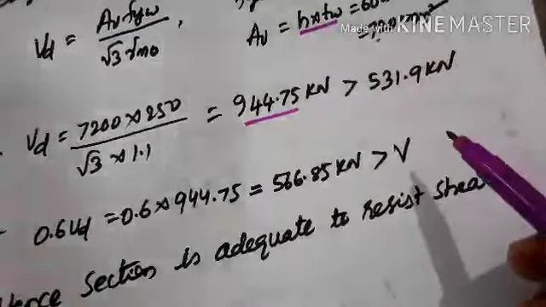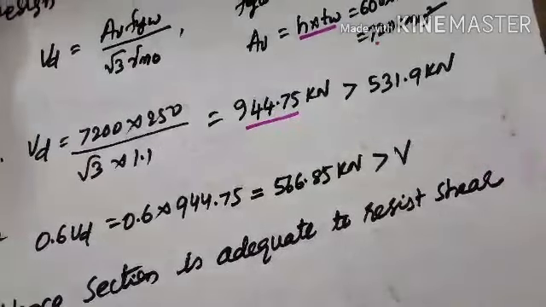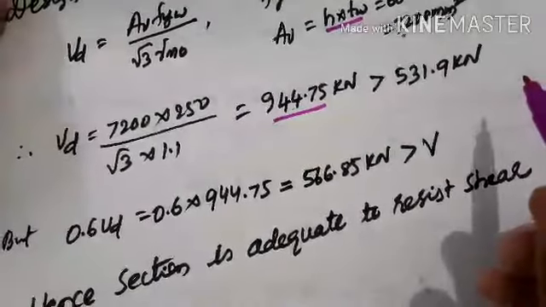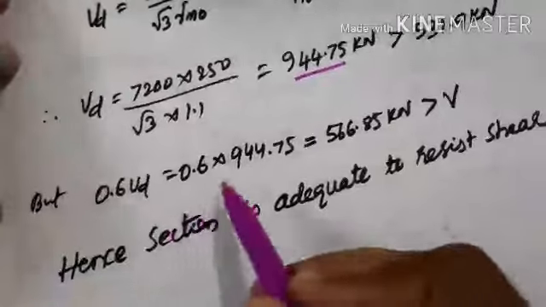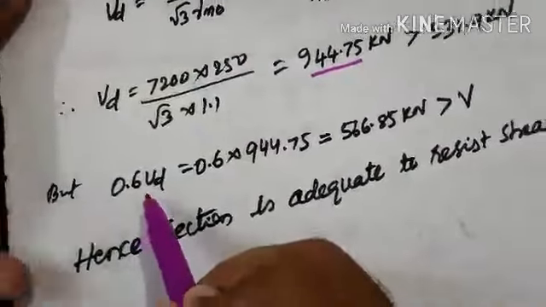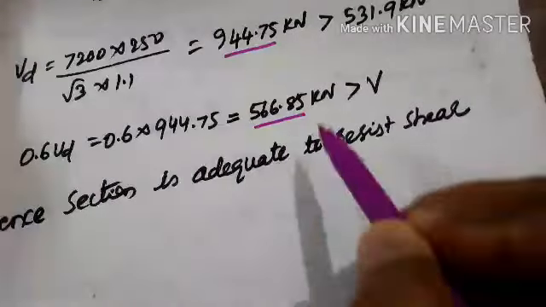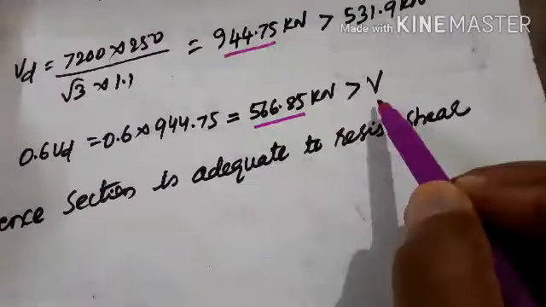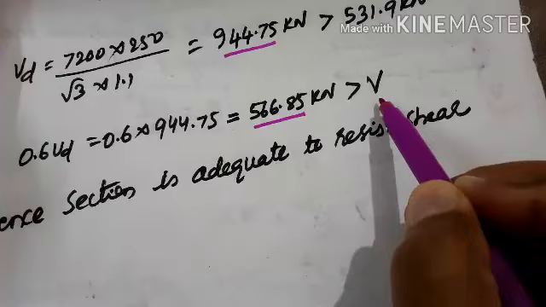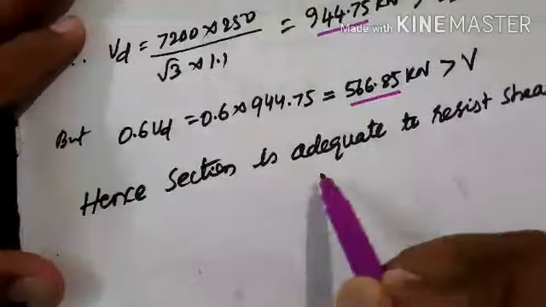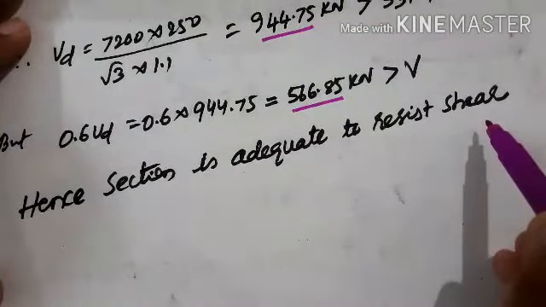But according to the code, 60% of the design strength is to be considered. So 60% of the design strength gives us this much shear, and this is also greater than the obtained shear. Hence we can write the section is adequate to resist the shear.